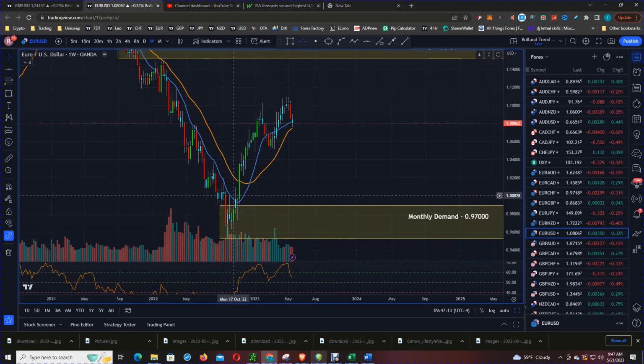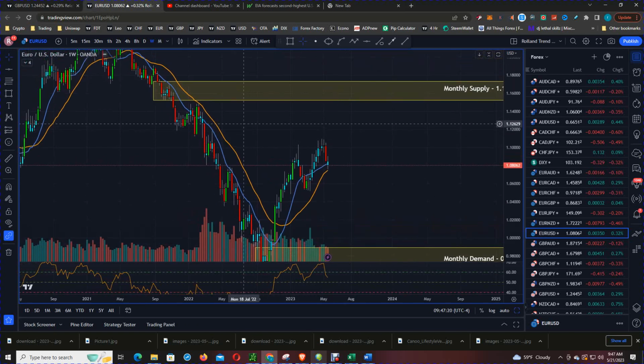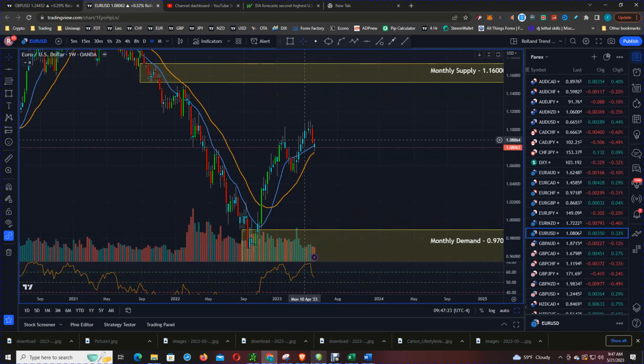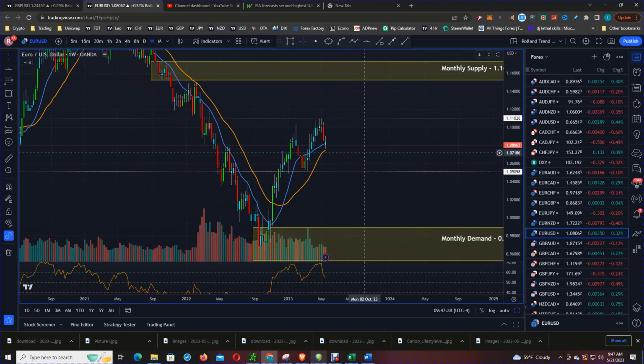We're making higher highs and higher lows. So you increase your probability of trading if you go with the trend. What I'm going to do is just mark off the most recent high and the most recent low. There might be some weekly buyers here, but I won't mark that off as of yet.